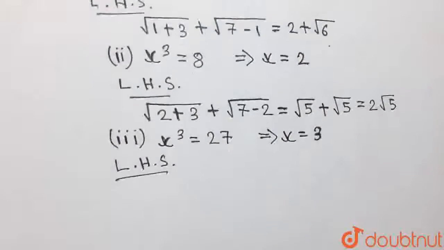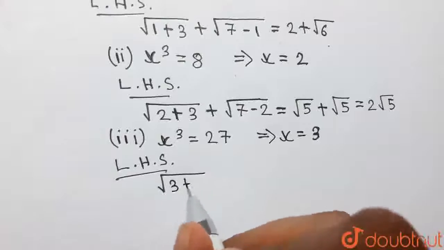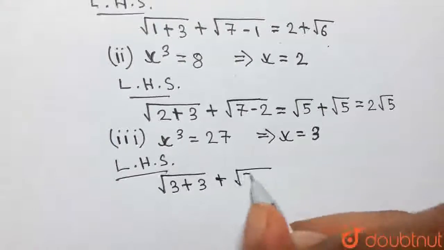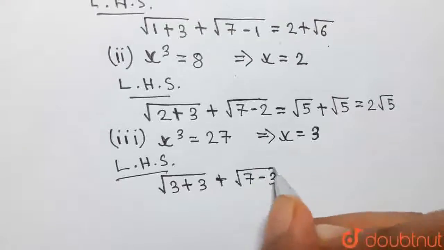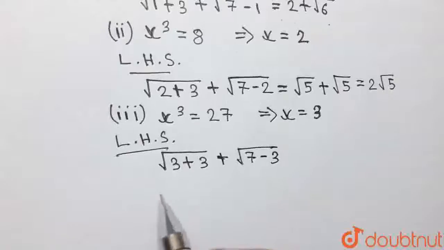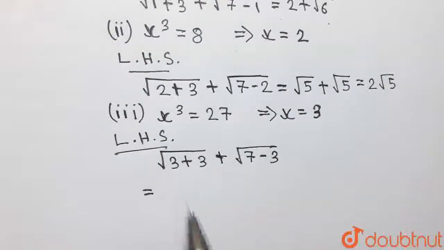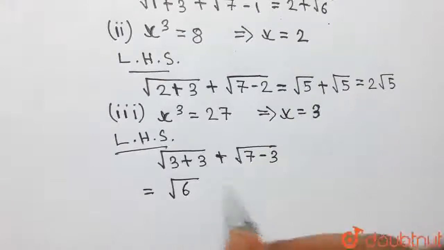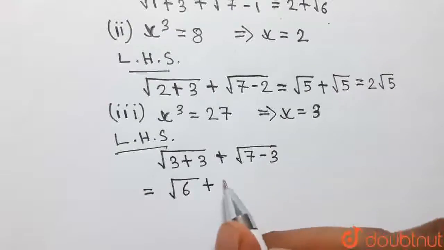This is root over 6 plus root 4, that is 2.